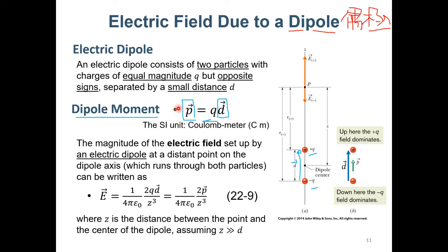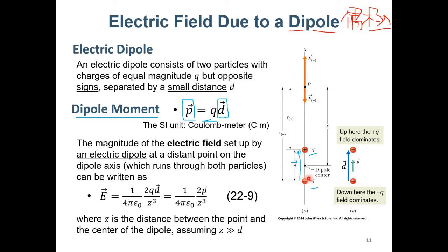And according to this definition, P equals QD, we can write it as 2P over 4 pi epsilon naught over z cube. Z is actually this axis.